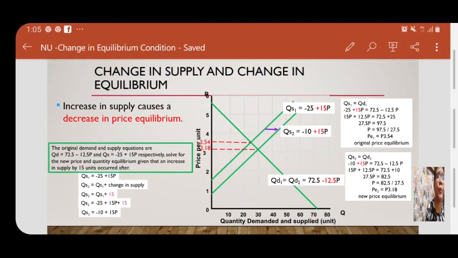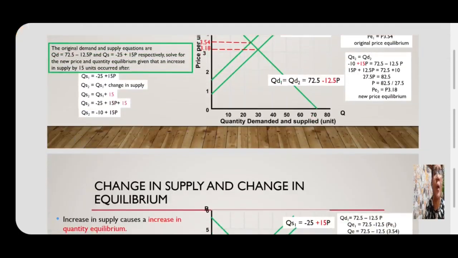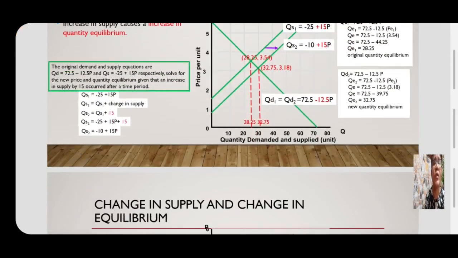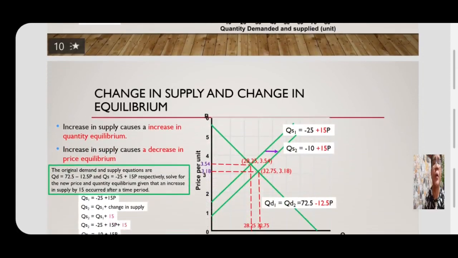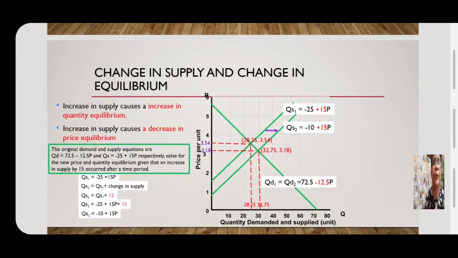The new price equilibrium is 3.18, and the original price equilibrium is 3.54. 3.18 minus 3.54 is a decrease in price equilibrium. So please take note of this relationship. Again, because of the increase in supply, price equilibrium decreases.